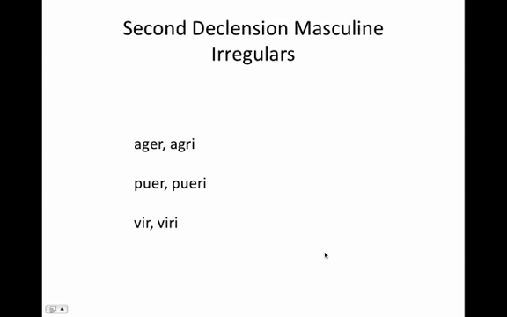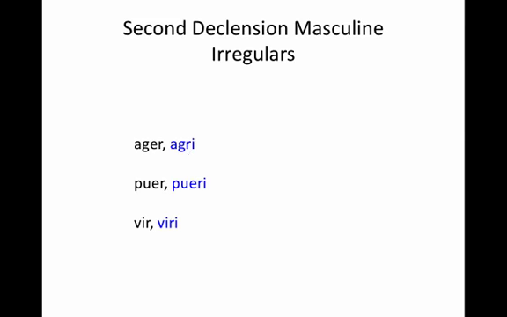Now, the second declension masculine also has several irregulars, but if you follow your rules and you always go to that second principal part, the genitive singular, to get your stem, these irregulars won't really matter that much, because the only thing that will truly be irregular is that nominative singular up here in black. So remember, we go to the blue part here, the genitive singular.